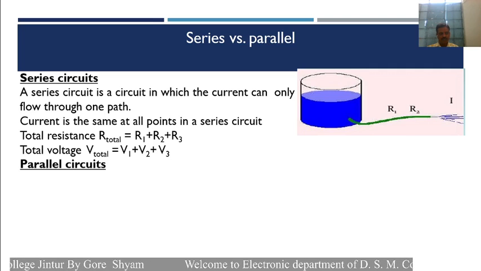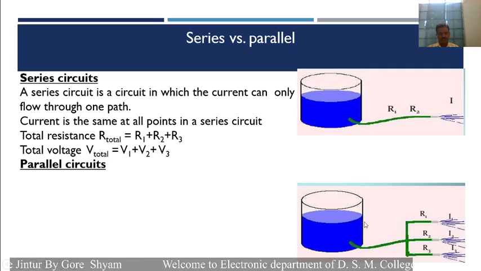Now let us see the parallel circuit, and the parallel circuit is like this. If you are looking at the parallel circuit, it has a number of branches. This is the first branch, this is second branch, this is third branch. In this way, here in the circuit there are three branches, and such types of circuit are known as the parallel circuit.